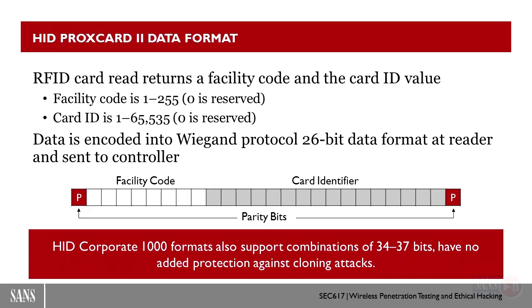It's just increasing the length, not additional entropy or anything like that. Okay, so limited facility codes and limited card IDs. And we can have multiple facility codes in use in any given system. They're just a unique identifier. Typically, facilities have the same facility code for all of their cards, but it doesn't have to be.